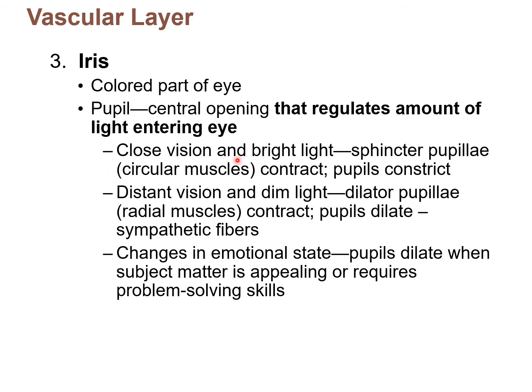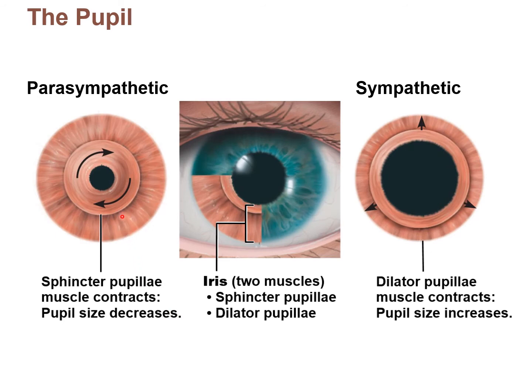For close vision and bright light, the pupils will constrict. For distant vision or dim light, the pupils dilate. So that's how the iris controls the size of the pupil, which regulates the amount of light entering the eye, which we'll see illustrated on the next slide. Here we can see some muscles of the iris contracting to make the pupil smaller, therefore allowing less light inside the eye.